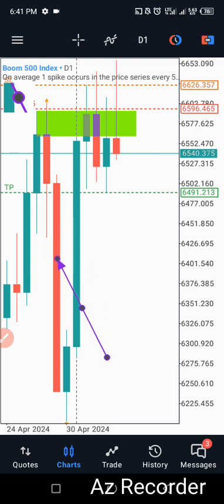Price sold very hard on this particular day, and then for some reason price started coming back to this same level. When price came back, we noticed that a lot of activity was happening. So whenever you see this in the market, you definitely want to take note of this kind of area.